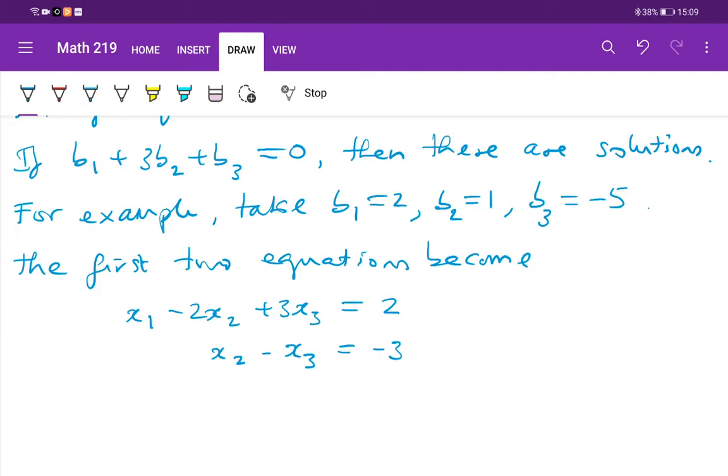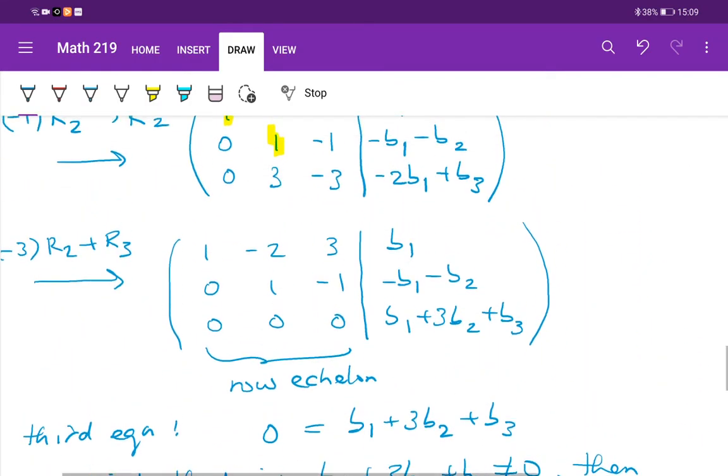If we recall what the third and fourth parts of Gaussian elimination stated, we should look at our row echelon matrix and consider which columns have leading ones and which do not. There are two leading ones. The third column has no leading one, and so this corresponds to the free variable. So x3 is a free variable.